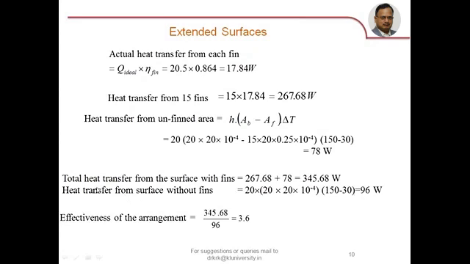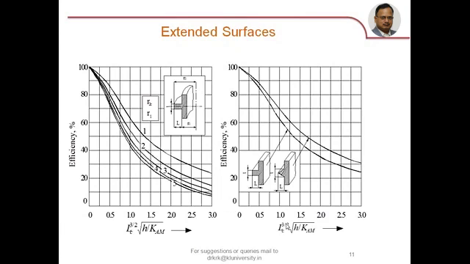So by providing fins, the heat transfer from the surface is increased to 345.68 watts. Without the fins, it would have been only 96 watts. That ratio of heat transfer with the fins to that without fins is known as effectiveness of the arrangement, which is equal to 3.6. So this is the second model.